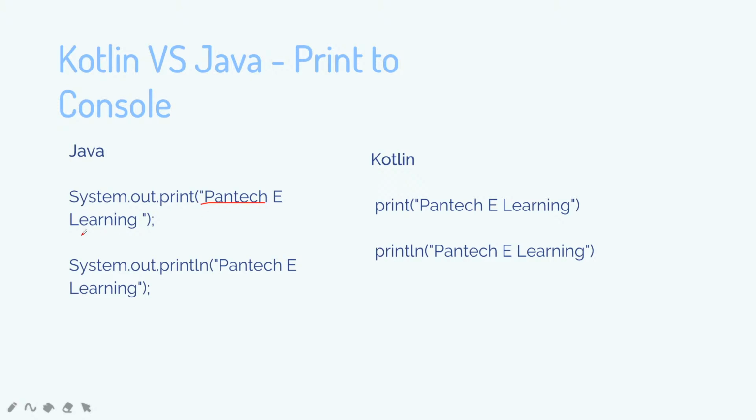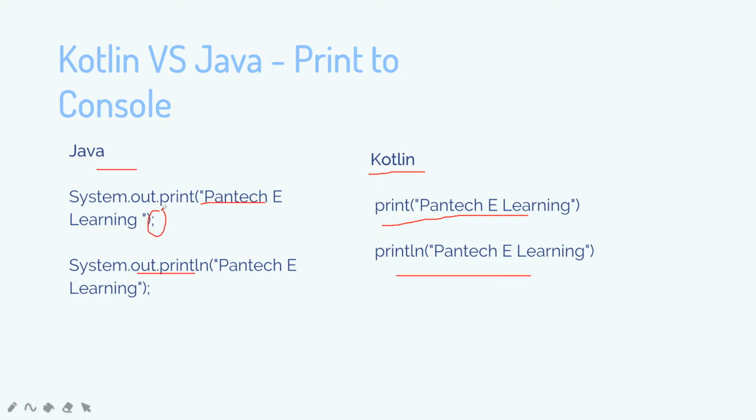If you want to print, we need to use System.out.print, and if you want to print a new line, you need to use System.out.println. That is what we need to use with Java, but with the Kotlin language, we can print directly: print Pantech eLearning and println Pantech eLearning. Here you can see it's like Python, right?